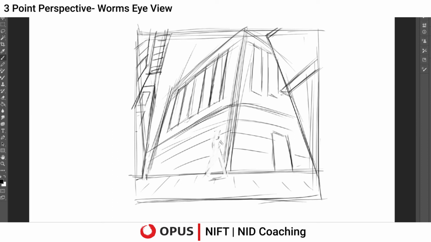So suppose from here, since we are observing the figure from a low angle, we will see lengthy legs, and the upper part of the body will appear to be slightly smaller because we are observing it from a lower angle.